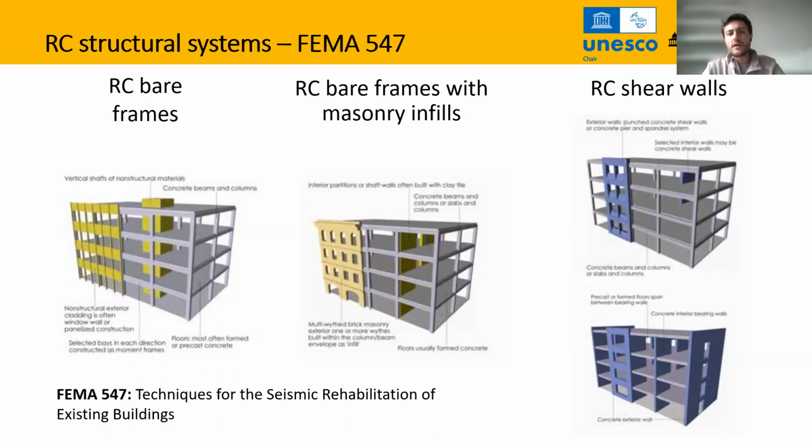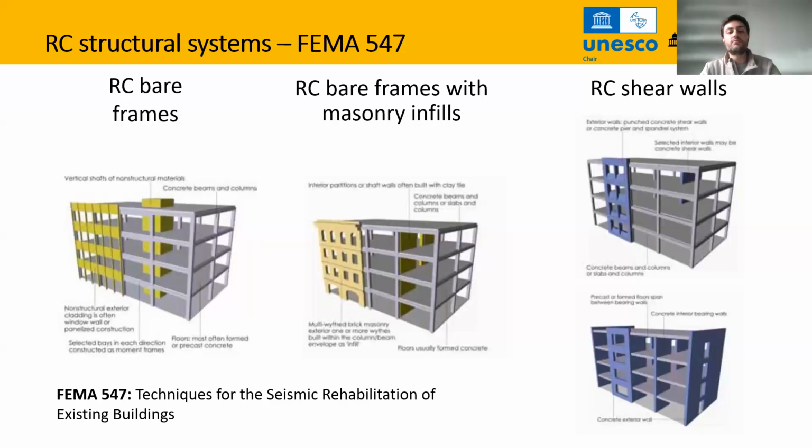Then we have the RC bare frames with masonry infills. So the advantage of masonry infills is that they are very easy to install and they are commonly used around the world. The main problem with this is that these masonry walls, as Rohit was explaining in the previous session, if they do not have any type of reinforcement, are a brittle element.